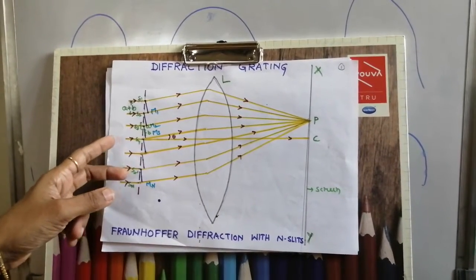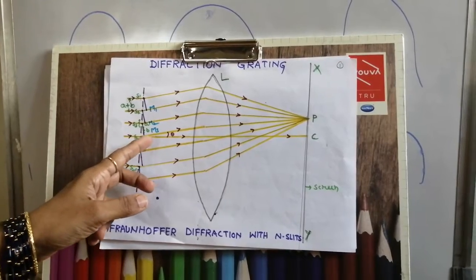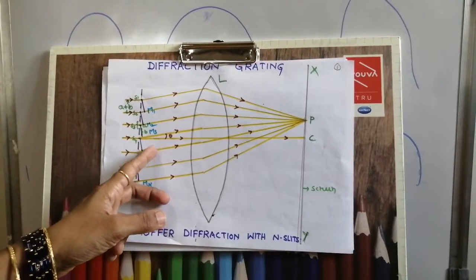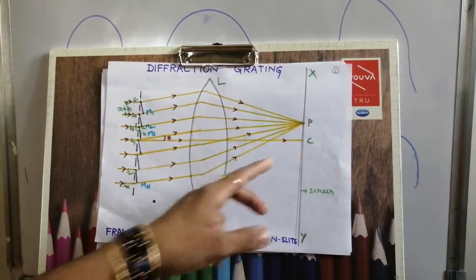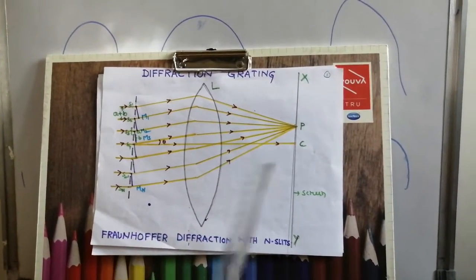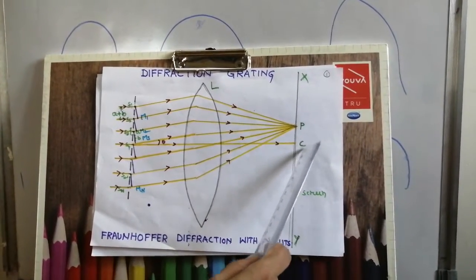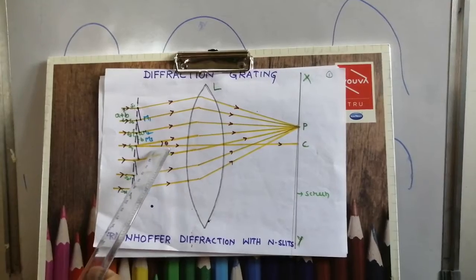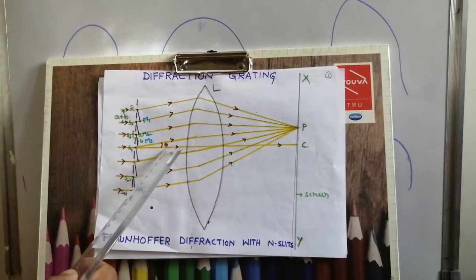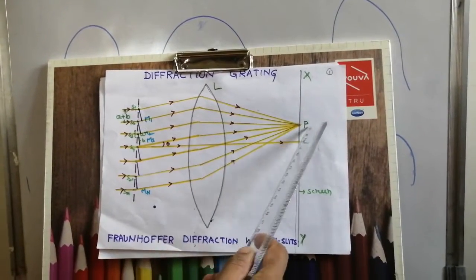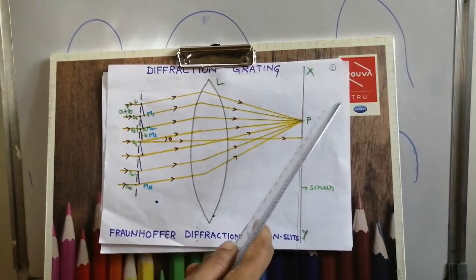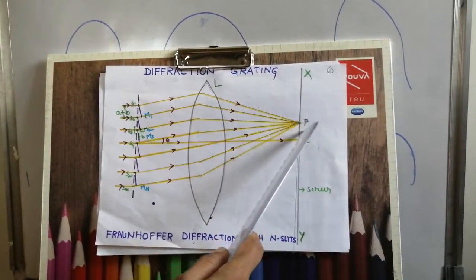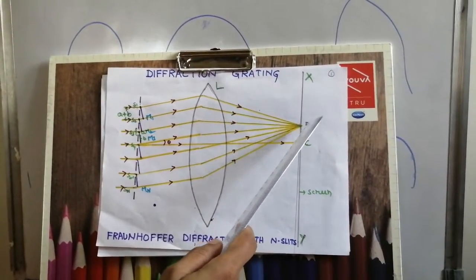The rays which travel normal to the slits, that means theta equal to 0, will converge at point C, and we will get the maximum intensity at point C. The rays which are diffracted at an angle theta will converge at point P. Now let us study the intensity at point P.